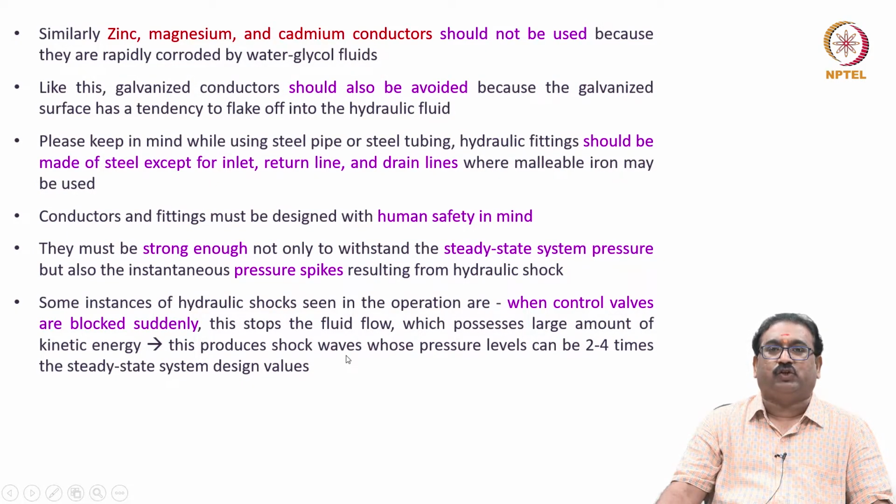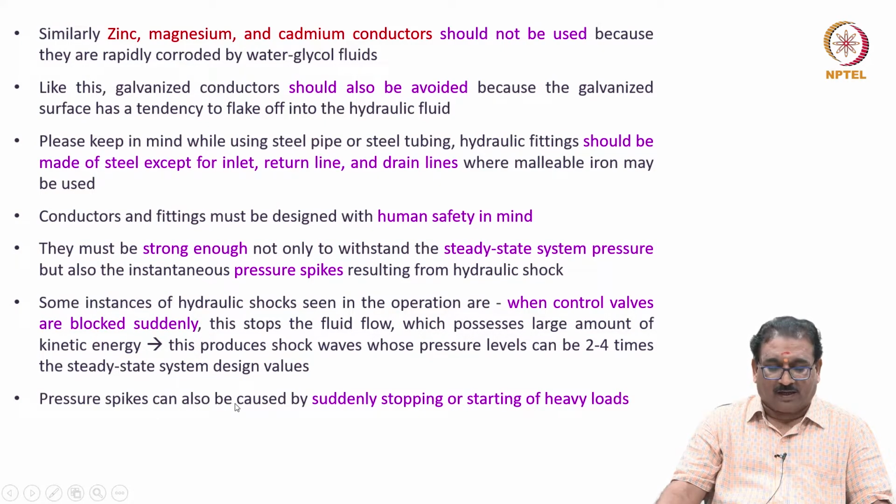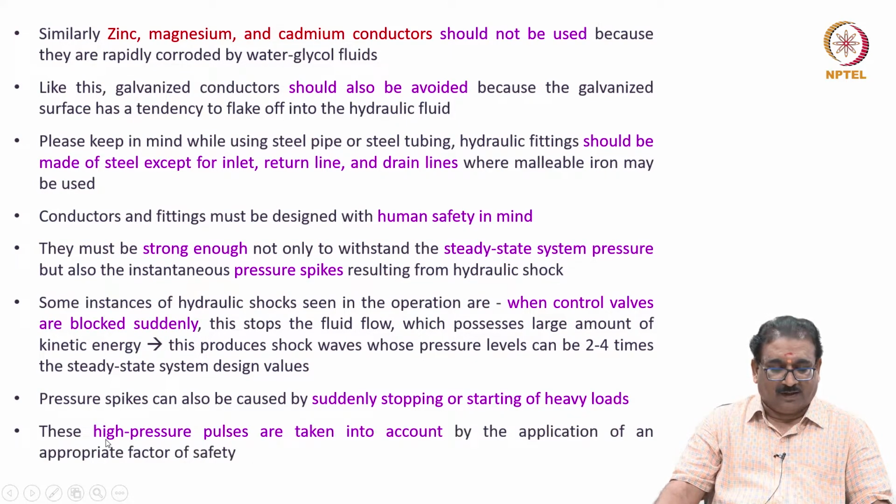This produces shock waves whose pressure levels can be 2 to 4 times the steady state system design values. Pressure spikes can also be caused by suddenly stopping or starting heavy loads. These high pressure pulses are taken into account by the application of an appropriate factor of safety.